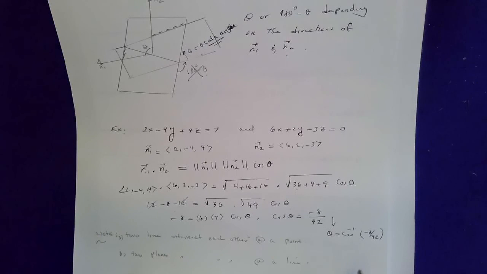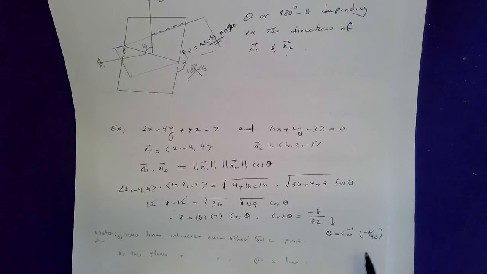Make sure you select the acute angle. So whatever this is, subtract it from 180 so you can come up with an acute angle, correct? Because that's basically how we find the angle between two planes.